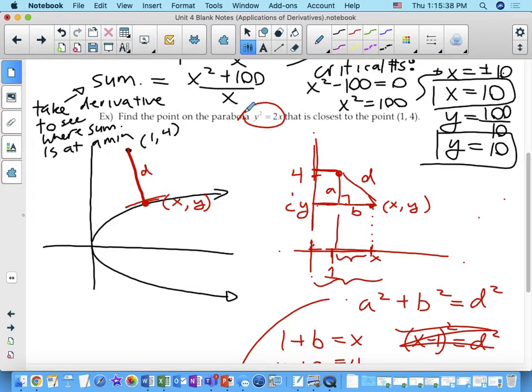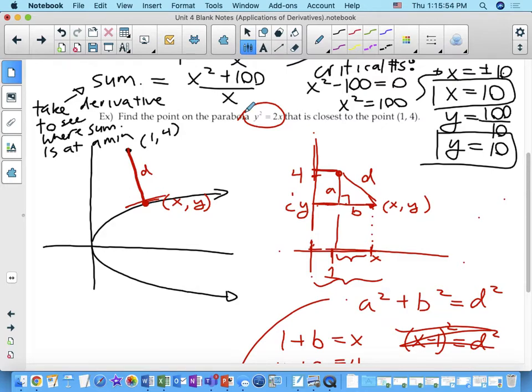So I actually do have a relationship between x and y. y squared equals 2x.